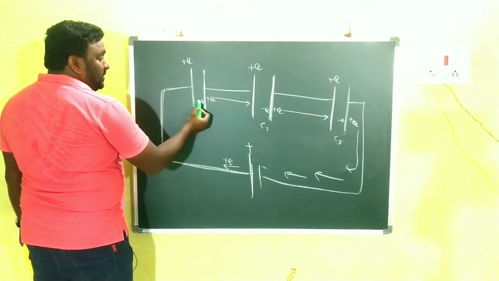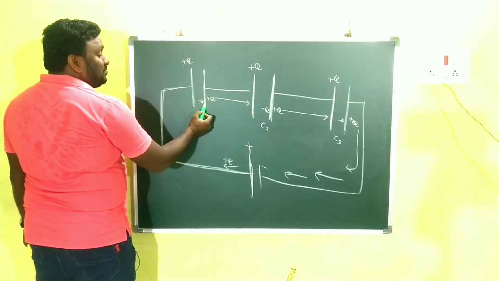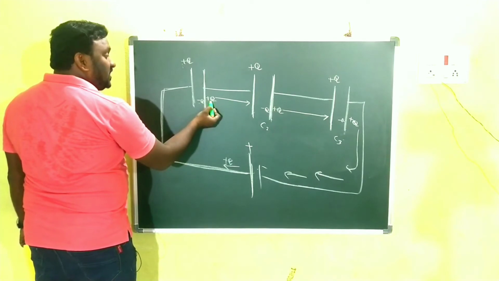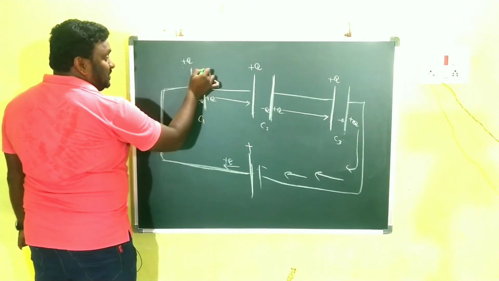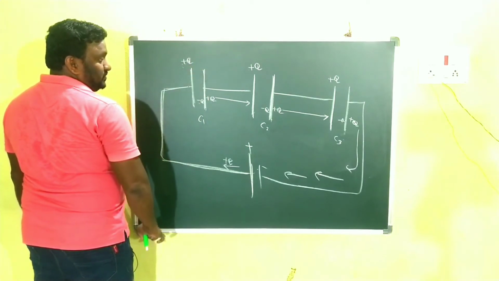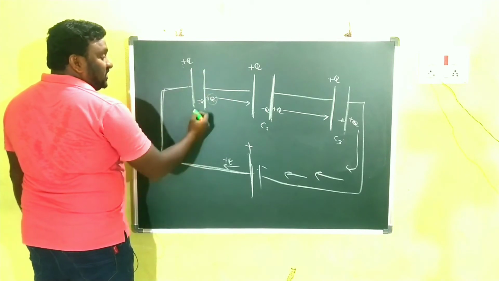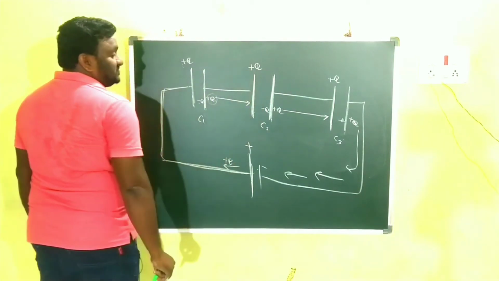Due to that, some minus q charge is induced on the inner side of the second plate. Similarly, the plus q charge is also induced on the outer surface of the second plate of the first capacitor. The charge which is developed on the outer surface then shifts towards the first plate of the second capacitor.